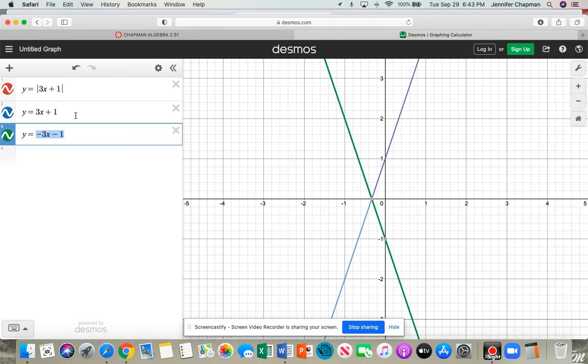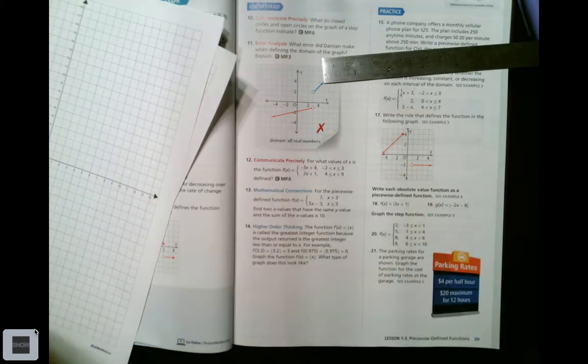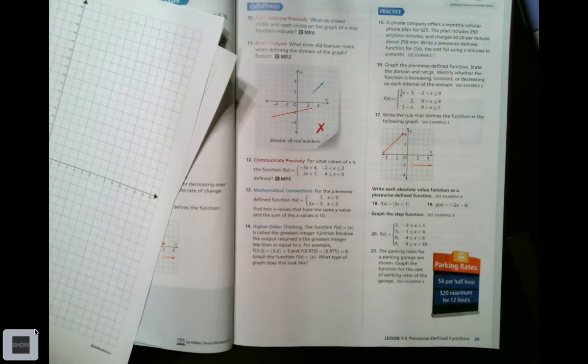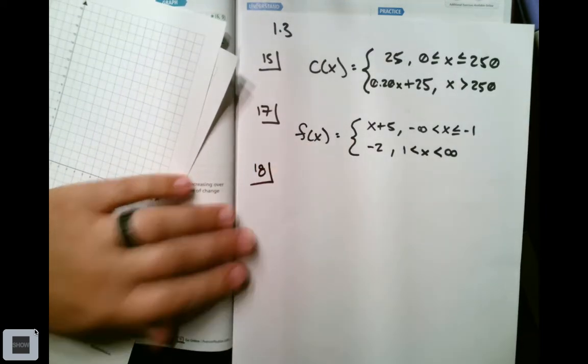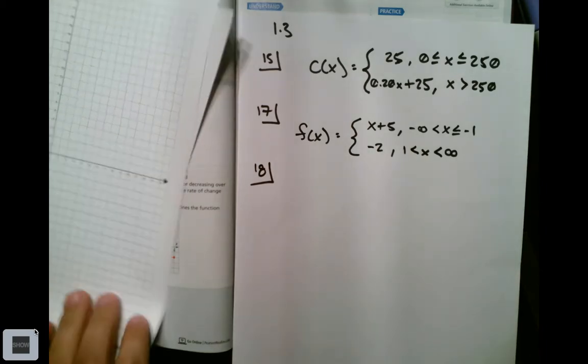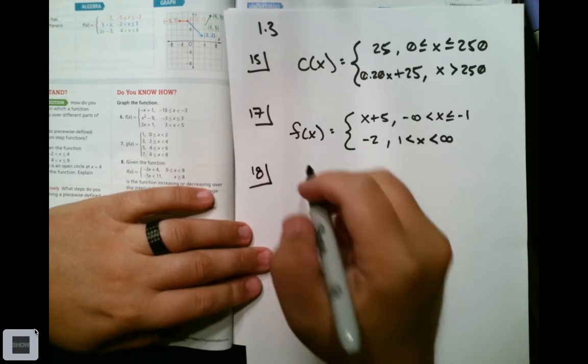So let me go back over to my video. And let's write this down. So for number 18, f of x equals the absolute value of 3x plus 1.